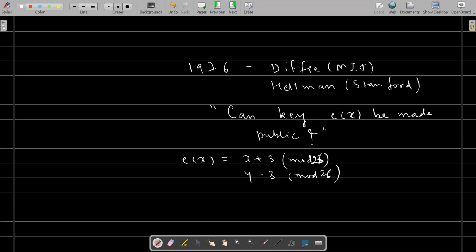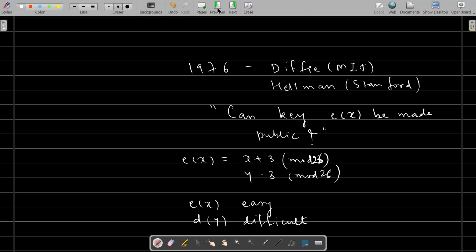So that function E should be such that even if people know E of X, it should be easy to calculate, but D of Y should be very difficult. Even if you know E, others won't be able to find D of Y. So E of X is easy, but D of Y is difficult. Okay, and that was the idea.